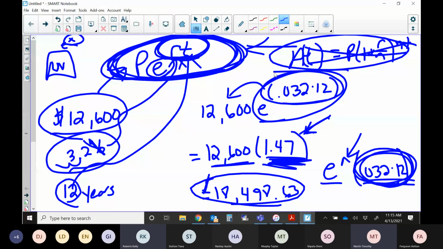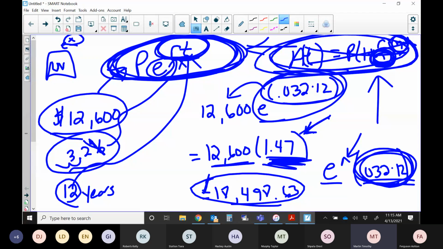The original one, A equals P times 1 plus R over N. And what would my N be if I said annually? 1. If I said monthly, you would be using this formula again, but your N would be 12. So notice the different vocab is changing your N value. N is here, N is also there. It's very important for you to know the difference between those two. All right, that's today's lesson.